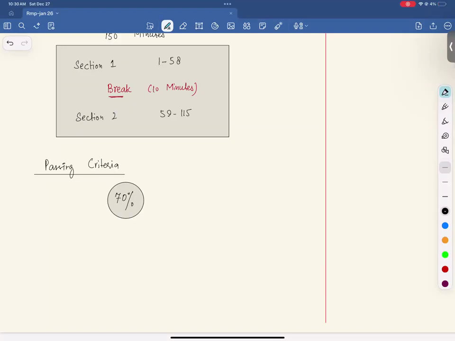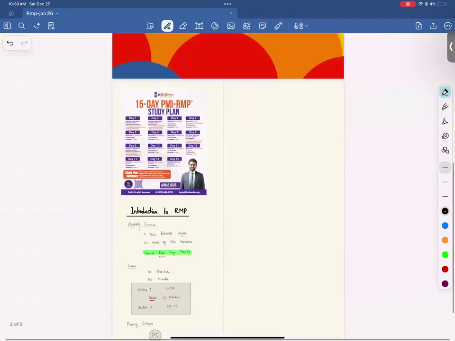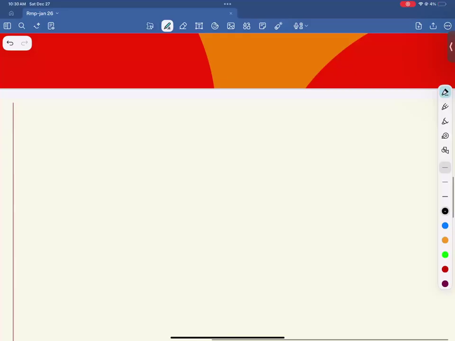All PMI certifications are based on the exam content outline, ECO. And in the ECO, we have 5 different domains.